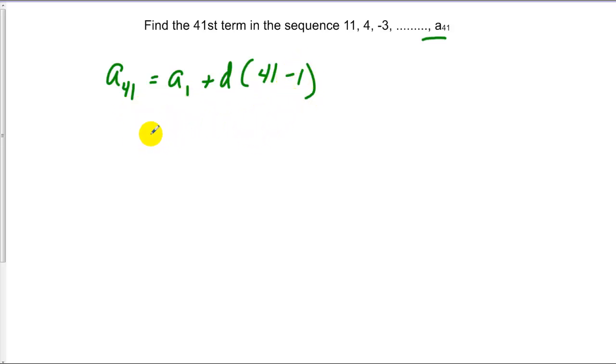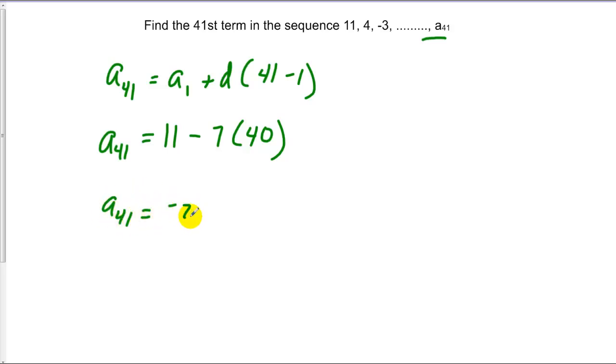I know my first term, which is 11. The common difference appears to be negative 7, and I multiply that by 40, and that would give me my 41st term. So this ends up giving me a total of negative 269, and that's my 41st term.